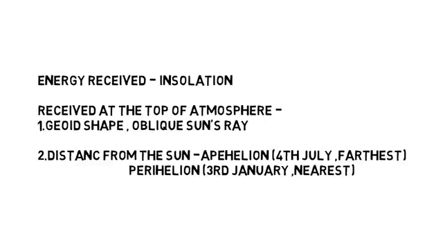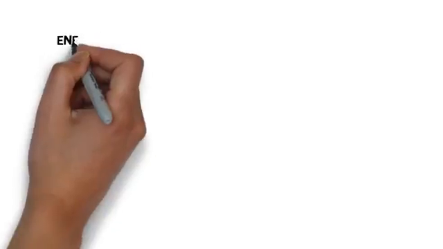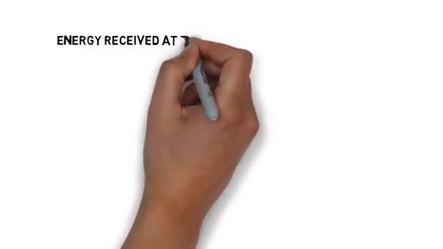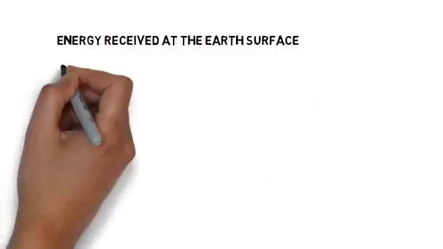On 4th of July, Earth is farthest from the sun and it is called aphelion, while on 3rd of January, the Earth is nearest to the sun and it is called perihelion. However, other factors like the distribution of land and sea, and atmospheric circulation mask the effect of these factors.